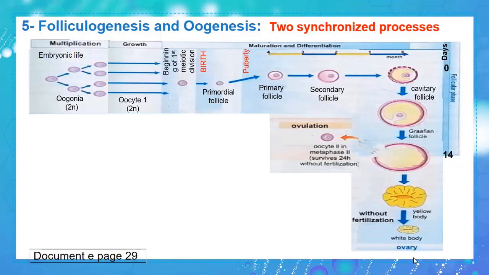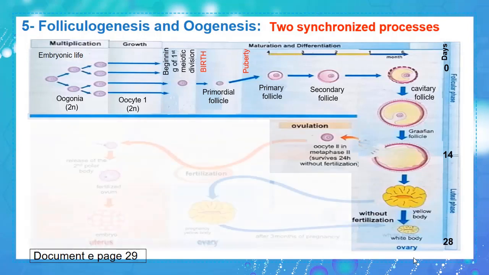After ovulation, the oocyte 2 might die if not fertilized within 24 hours of ovulation, and so the cycle enters the luteal phase where the ruptured Graafian follicle continues its development into yellow body, then into a white non-functional body that will degenerate at day 28, indicating the end of the cycle.